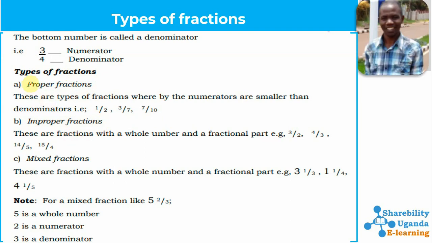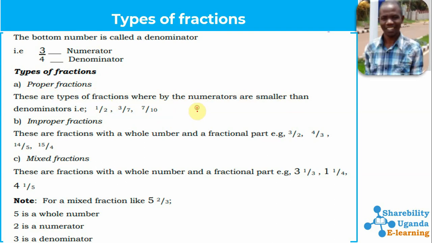So by definition, we are defining proper fractions as the type of fractions whereby the numerator is smaller than the denominator. As you can see here on this diagram, we are having our 1 out of 2.